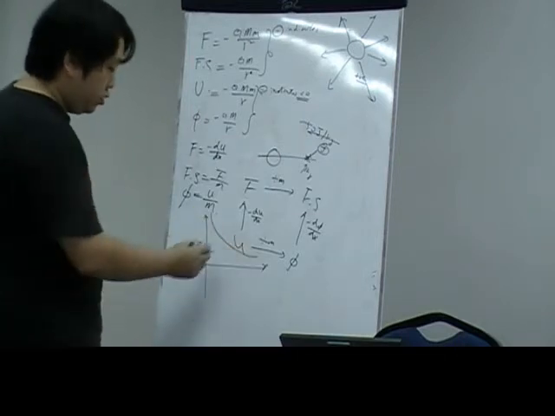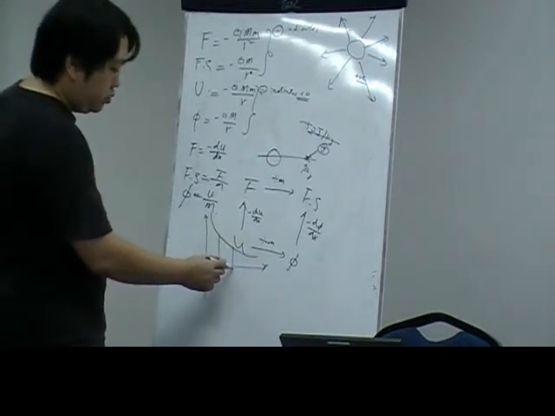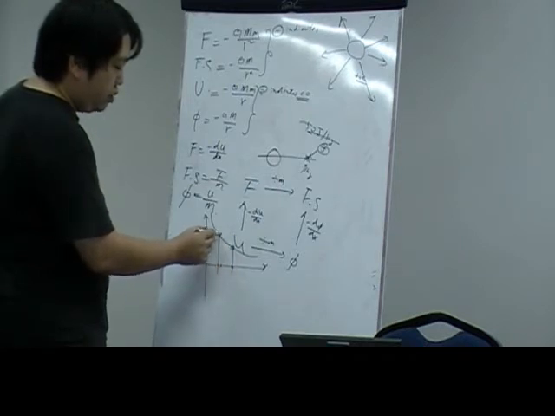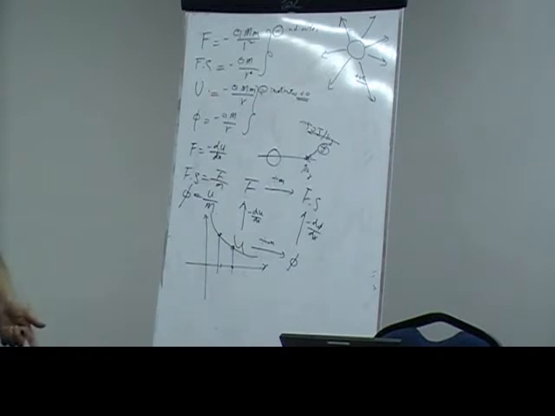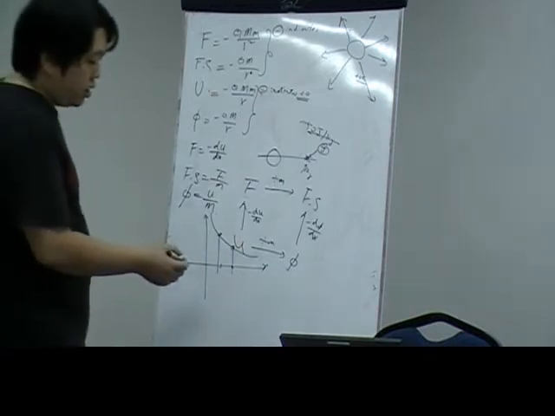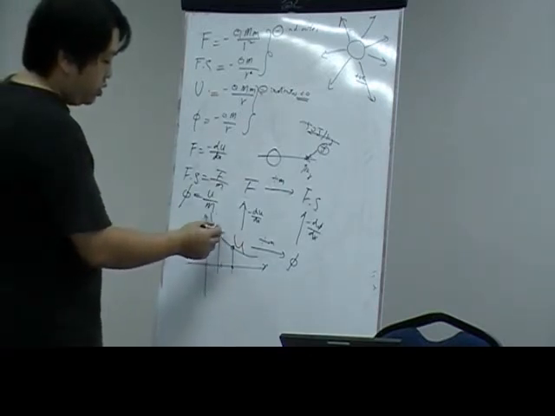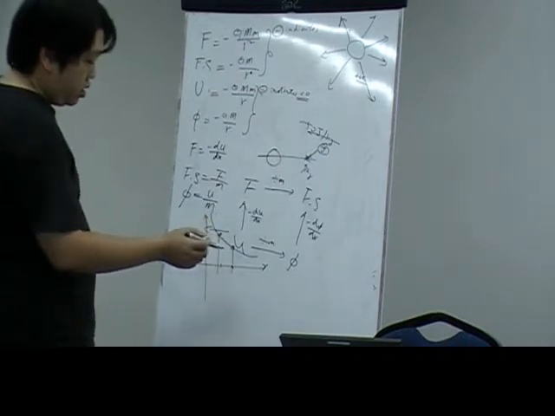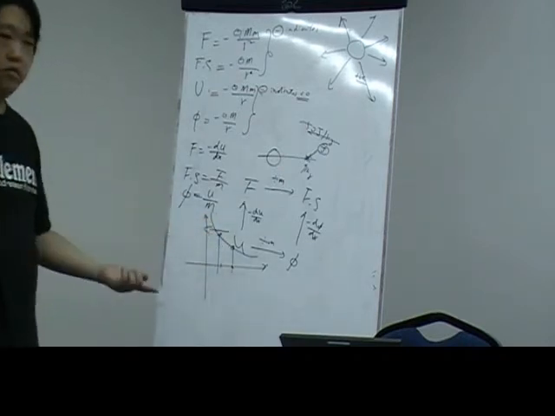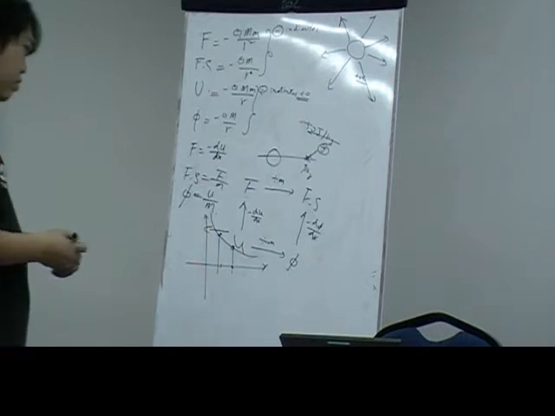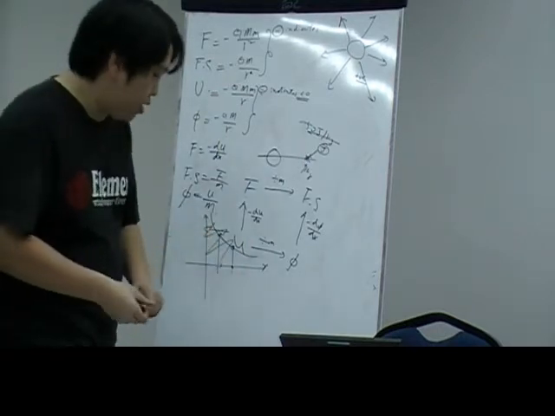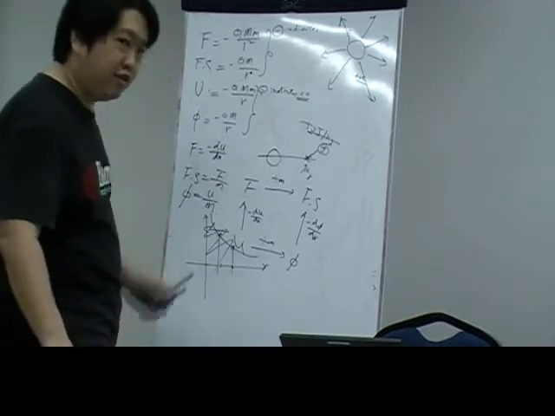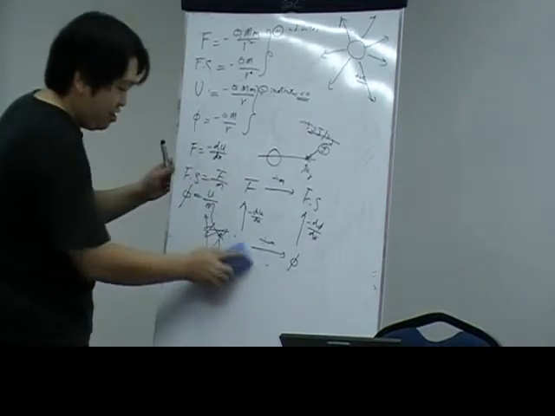If you use final minus initial, you will have a lesser number subtracted by a bigger number, so you get negative. Negative means that the force is in this direction. So therefore it is negative. Erase this. I didn't say this.